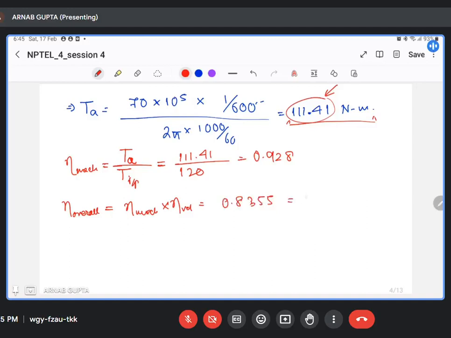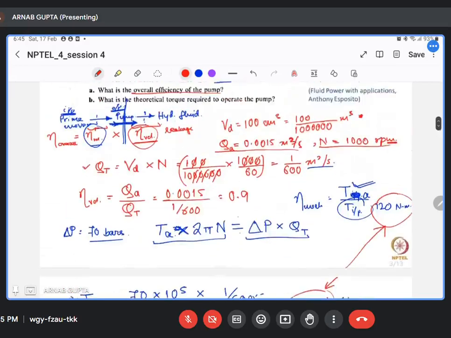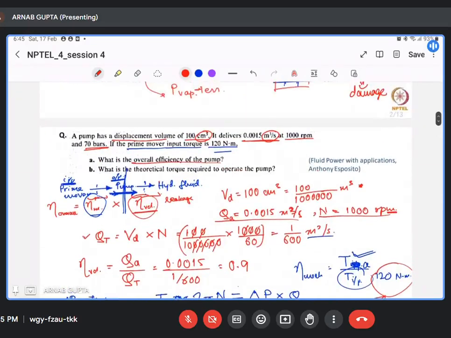If we write it in percentage form, generally it's written in percentage, so 83.55%. You just multiply it by 100 and you'll get this in the form of a percentage. What is the next question? What is the theoretical torque required to operate the pump?